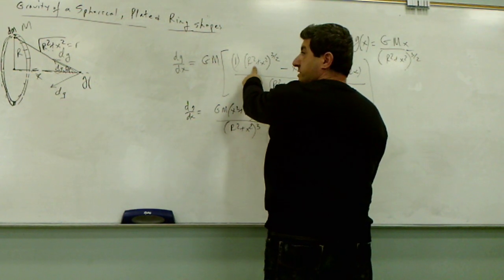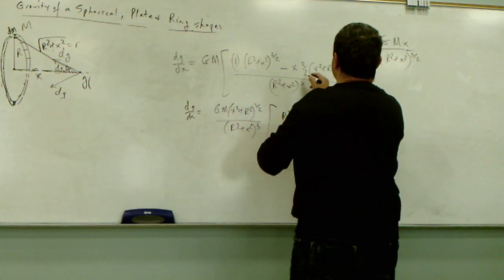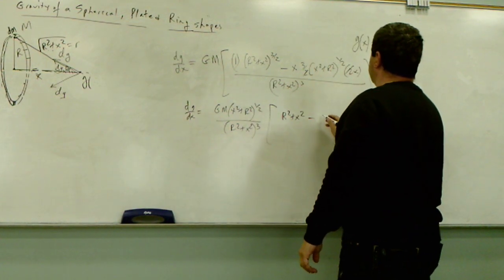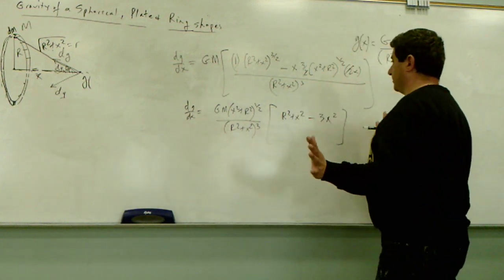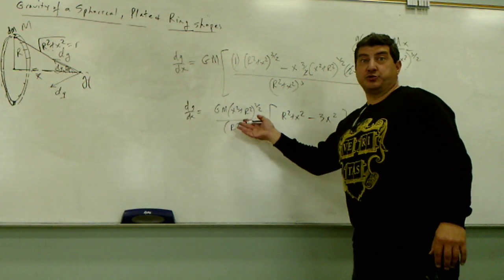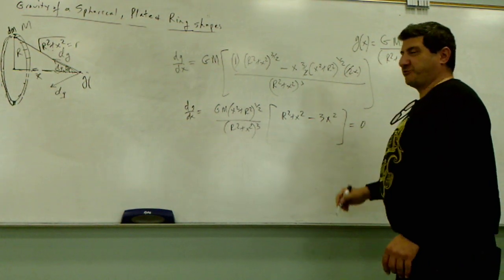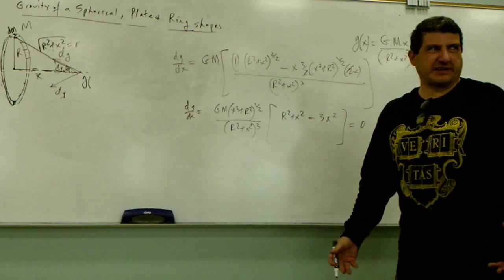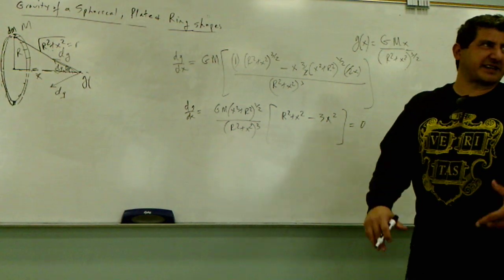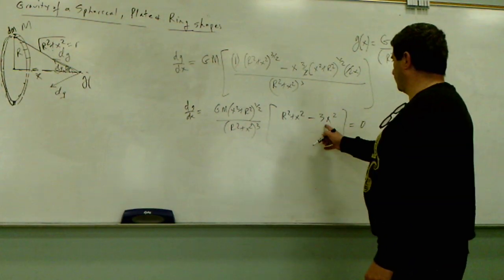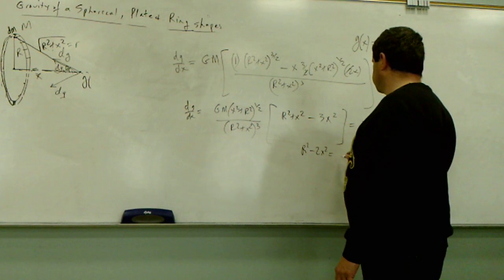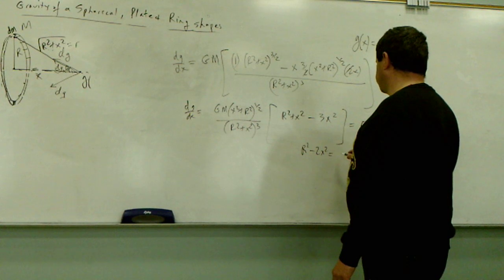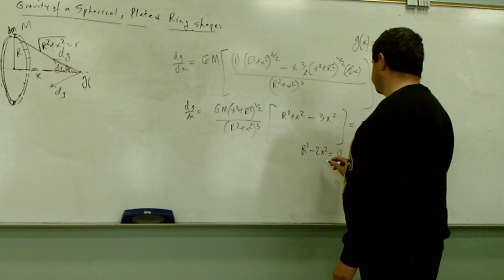R squared plus x squared minus the 2 and the 2 cancel, 3x squared. And that's all that really matters. This part doesn't even matter to me, because I'm going to set this equal to 0 to find out what x is that gives you the maximum. And then so you're going to have here r squared minus 2x squared then equals 0.